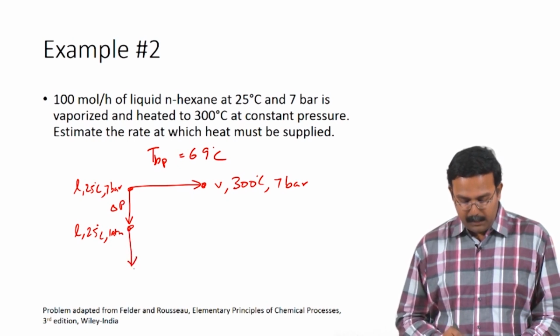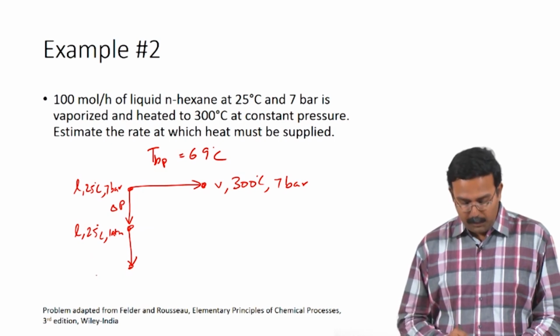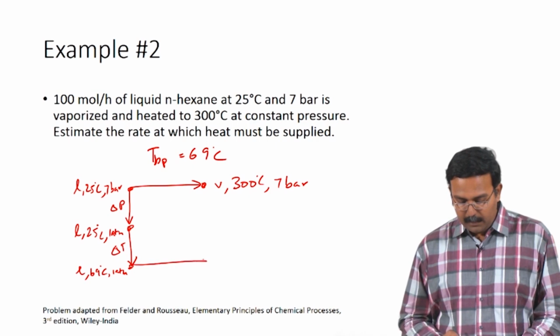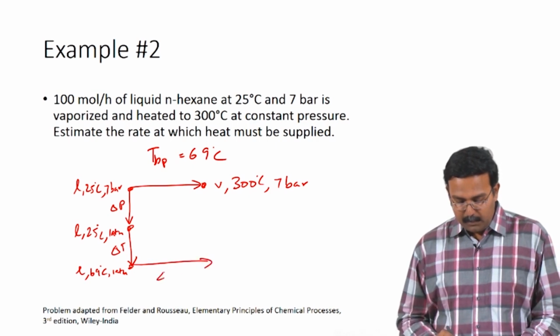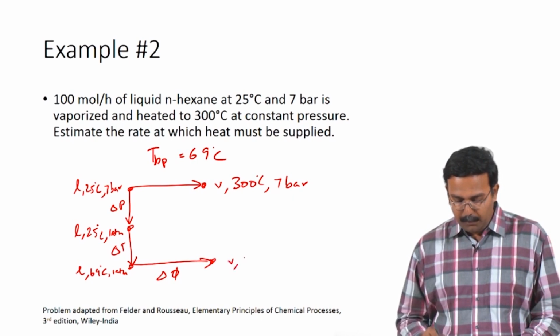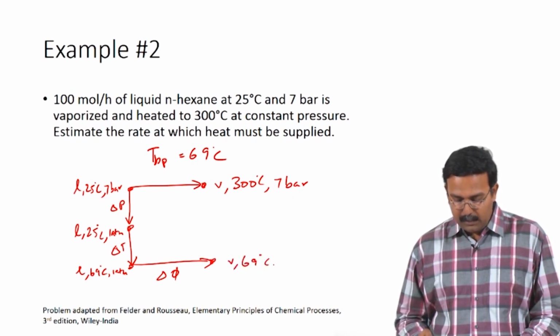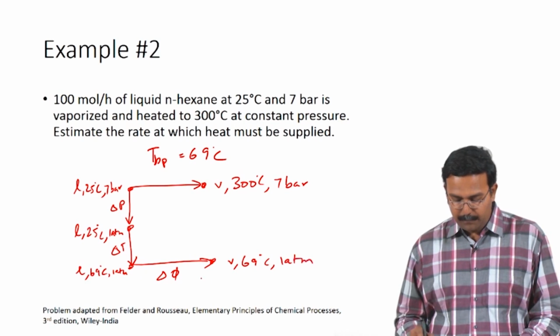The second step is where temperature is increased from 25 degrees Celsius to the boiling point. So, it goes to liquid at 69 degrees Celsius and 1 atmosphere. Here only temperature is changing, and the next step is where the phase is changing. So, it goes to vapor at 69 degrees Celsius and 1 atmosphere.